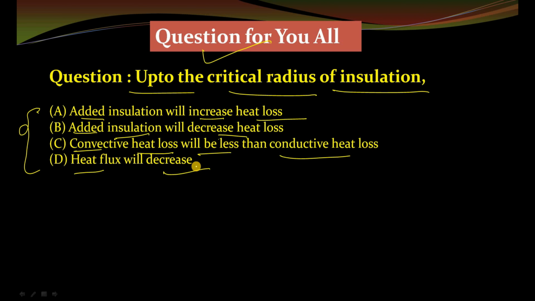Okay, up to the critical radius of insulation, what is going to be the right option here, and what is critical radius? Okay, what is the significance of that? Please let me know in the comments box, right?